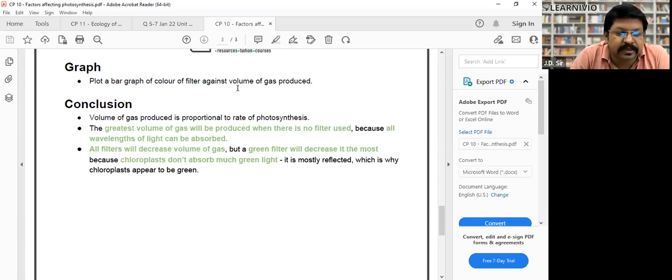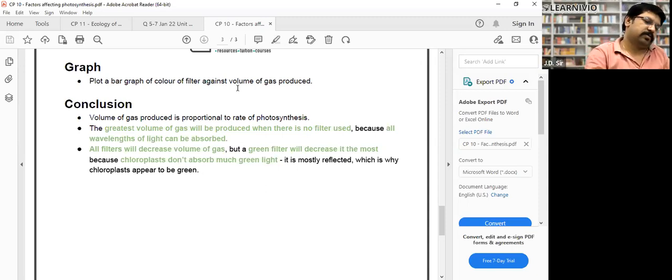If intensity is less, then what you can do is take the light intensity on the x-axis, because you have to make the bars, and take the gas production on the y-axis. Got it?